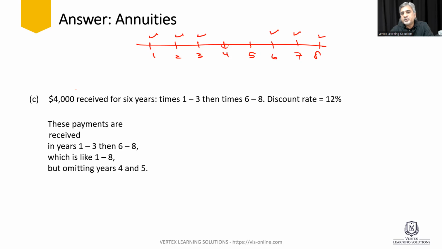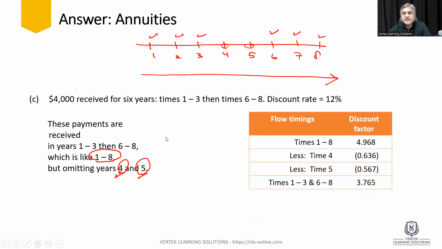These 2 years, there is no cash flow. So what you can do is take the total annuity factor of 8 years, and then subtract from there the discount factors of year number 4 and year number 5. The discount factor, not the annuity factor, individual discount factor. What is the year 4 discount factor? What is the year 5 discount factor from the discount table?